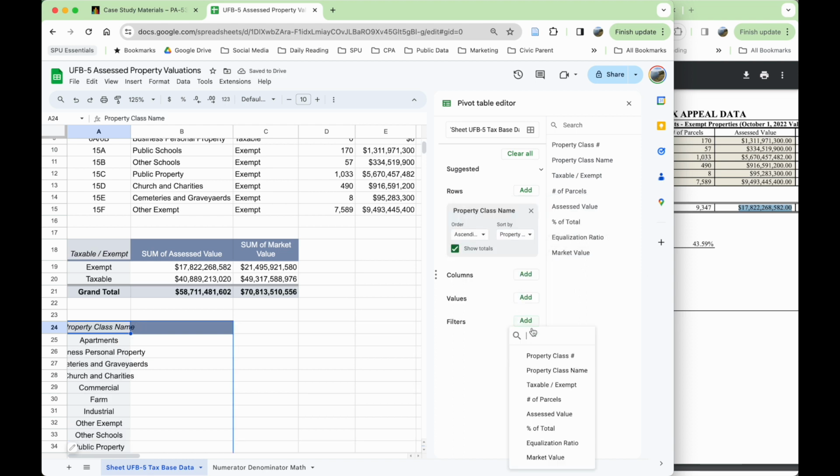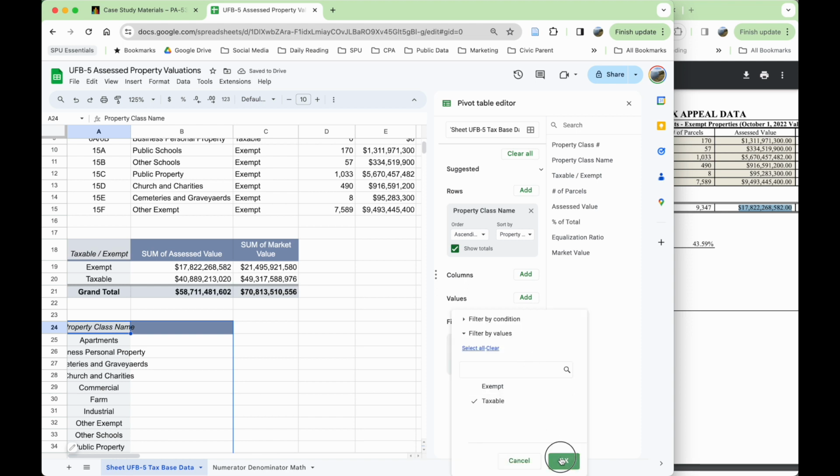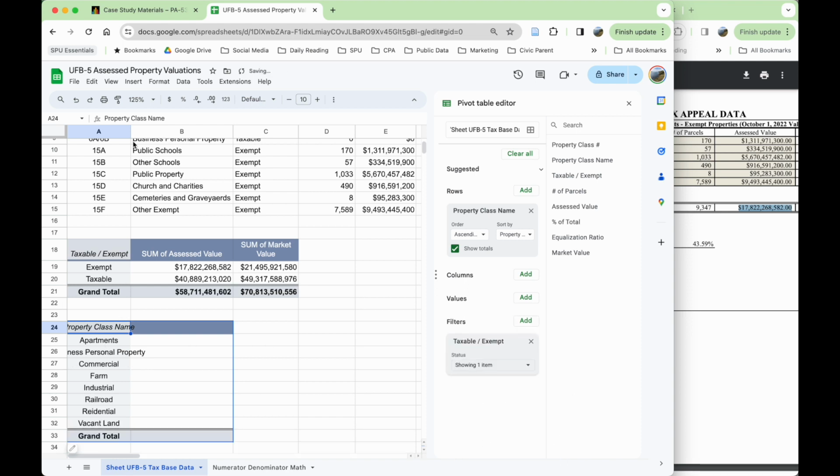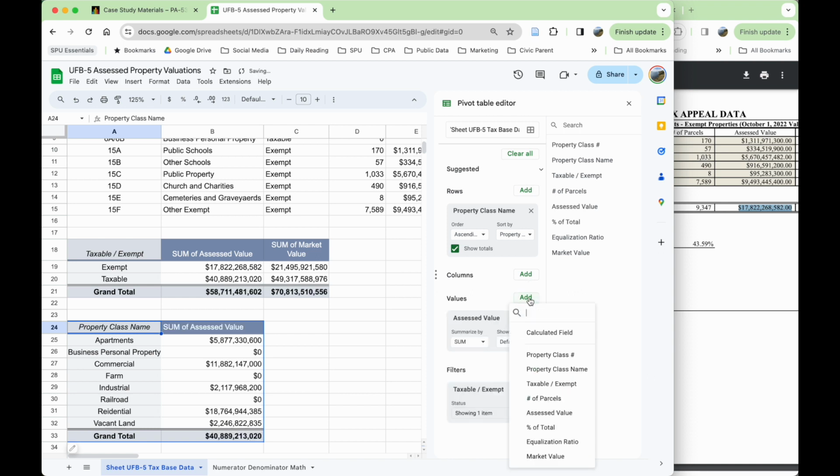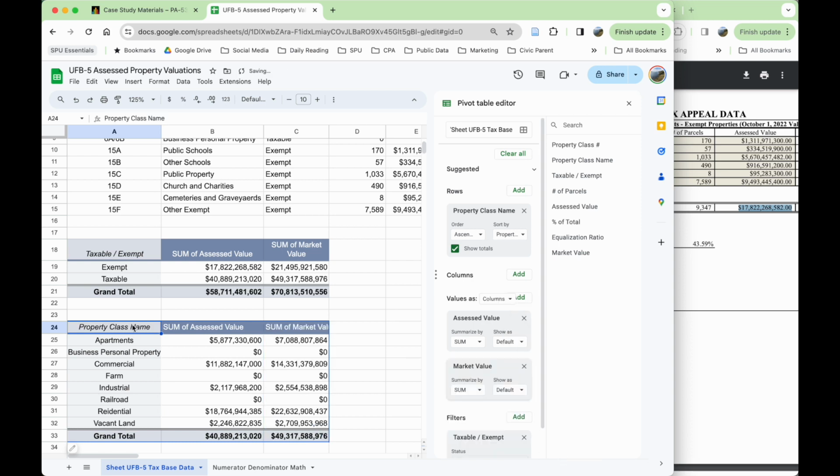I'm then going to have a filter for taxable and tax exempt. And I'm going to choose only taxable, and that limits my property class names to only the taxable amounts. And I'll also choose assessed value, and I'll also choose market value. Okay.